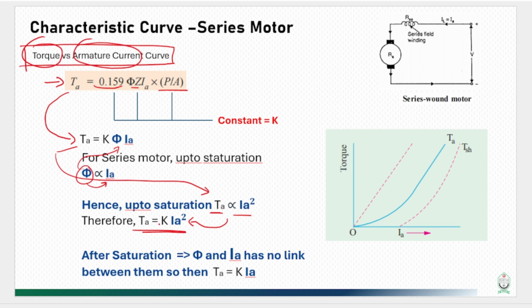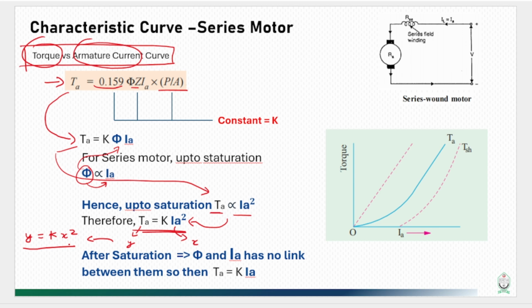Now look here, we have a relationship between torque and armature current in the form of an equation, and if we draw this equation in a graph, that will give us the characteristic curve. If we take armature torque as a variable plotted on the y-axis and armature current as a variable plotted on the x-axis, this equation tells us that their relationship is similar to a graph like this.